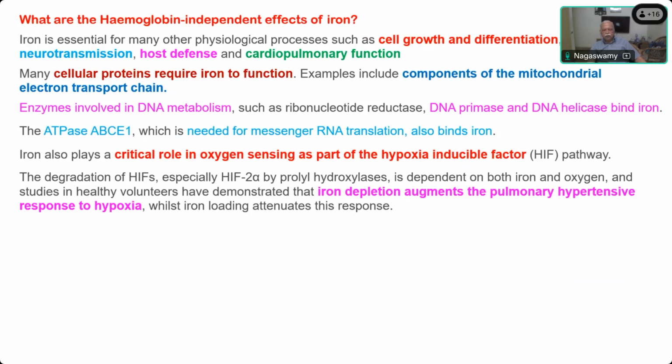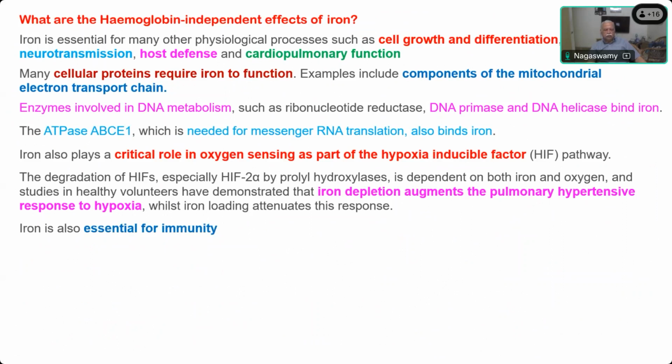That is another reason why these patients develop failure of the right ventricle also, because anemia causes an exaggerated response to hypoxia, which is a normal pulmonary vasoconstrictor reflex, as you all know. But when it gets exaggerated, it will result in pulmonary hypertension. So that may cause a right ventricular strain. So iron loading attenuates this response. So that is another reason why you should correct your anemia in the preoperative phase.